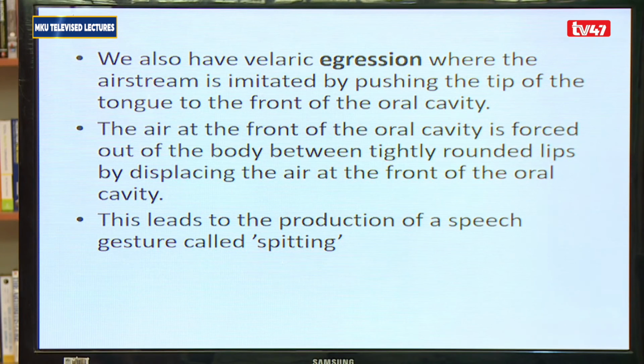You notice spitting is in quotes. So the tip of the tongue is involved. When the sound is being produced, the lips are rounded and very tight, and when displacement of the air takes place, then we have the production of the sound.